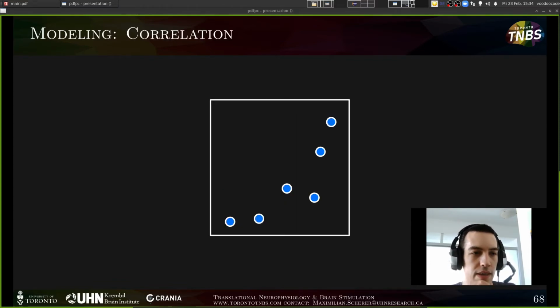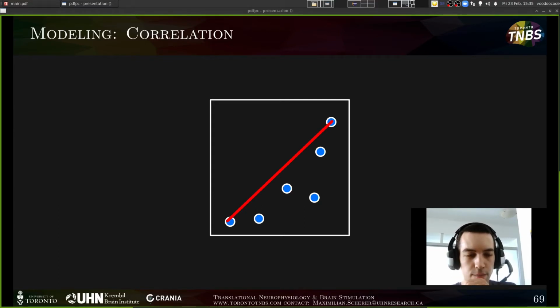And another concept you're probably familiar with is doing correlations, which is taking a bunch of points and drawing this nice straight line here. Pearson's correlation coefficient usually assumes a linear relationship, which means an increase on one axis scales linearly with an increase on the other axis.